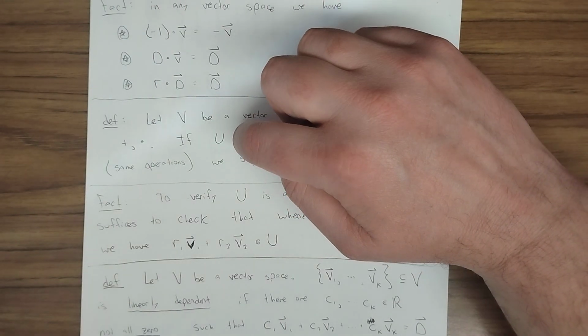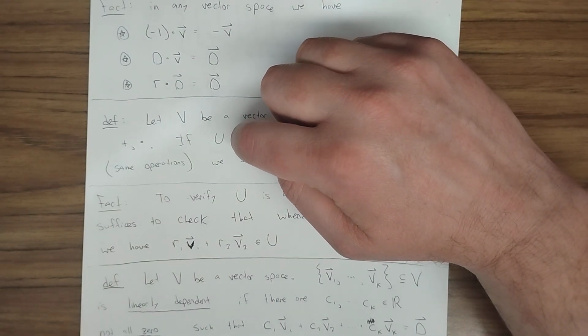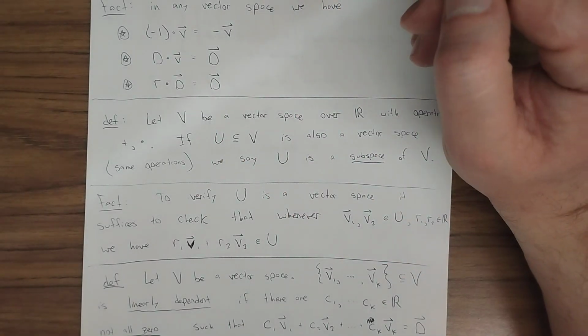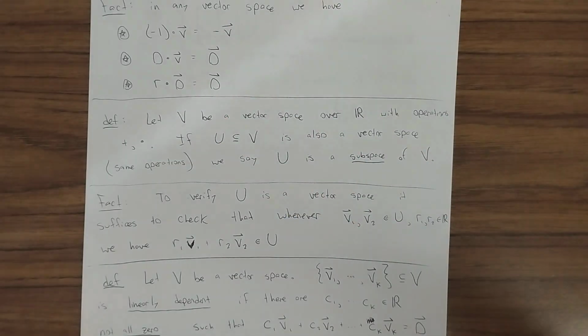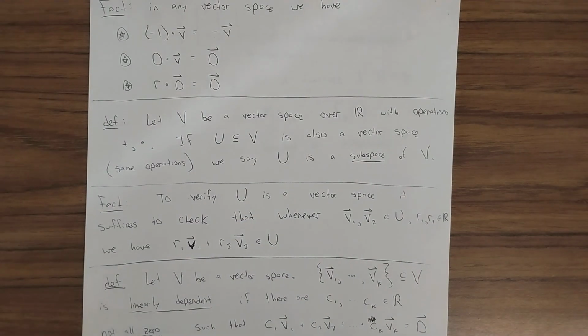If U is a subset of V, so U includes some of the elements of V, but not necessarily all of them. That's what this symbol means. So U is a subset of V. If it happens that U is also a vector space, using the same operations, that's when we say that U is a subspace of V.